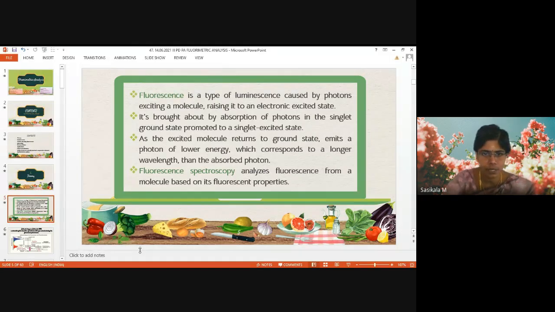So what is fluorescence then? It is a type of luminescence caused by photons. The fluorescent molecule first moves from ground state to excited state by absorbing high energy radiation. The excited state is unstable and it has to come back to ground state by emitting the absorbed radiation.